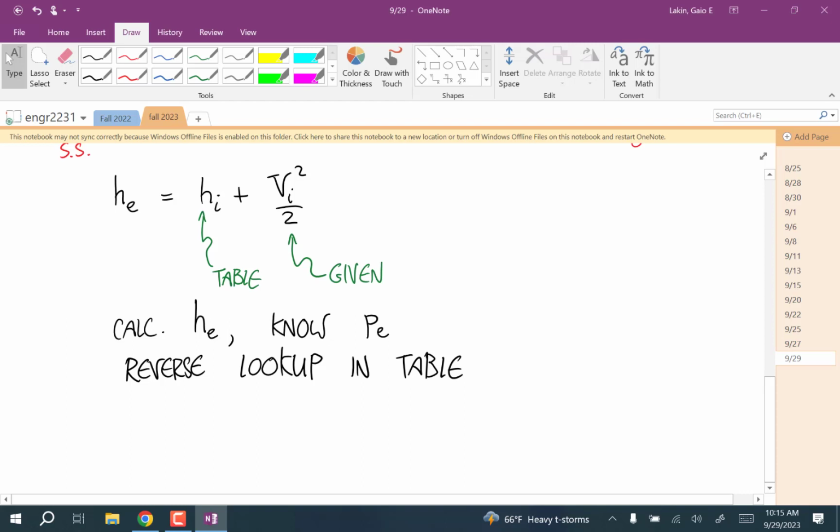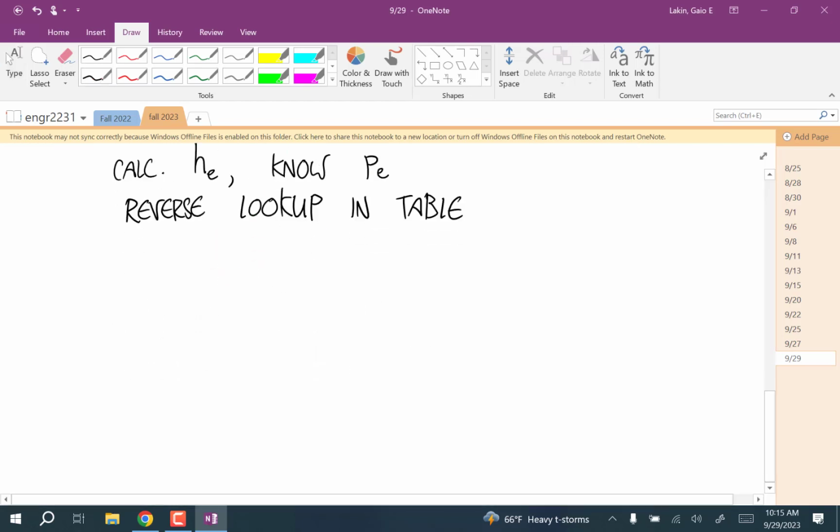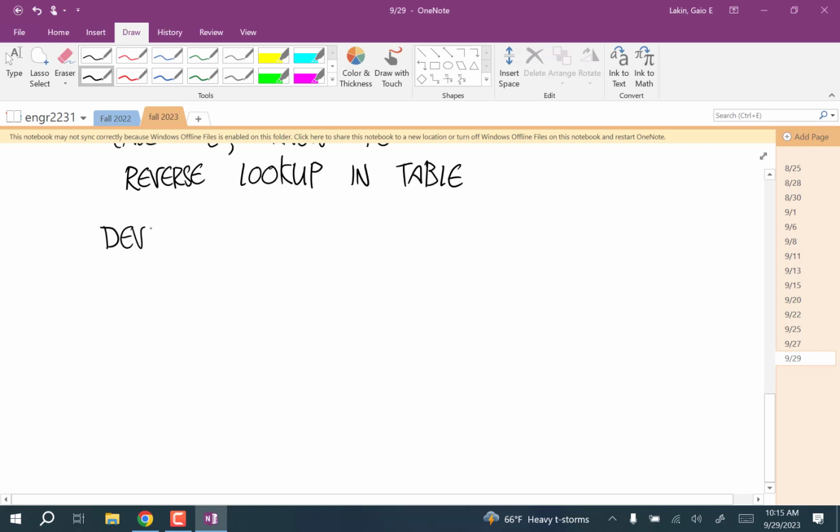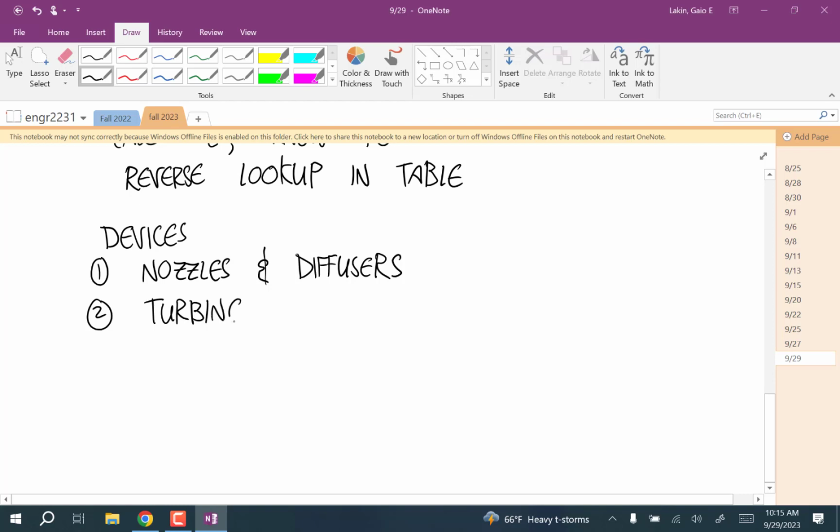Okay. So now I want to finish. For the devices that we're doing, we've done nozzles and diffusers. We've done turbines.